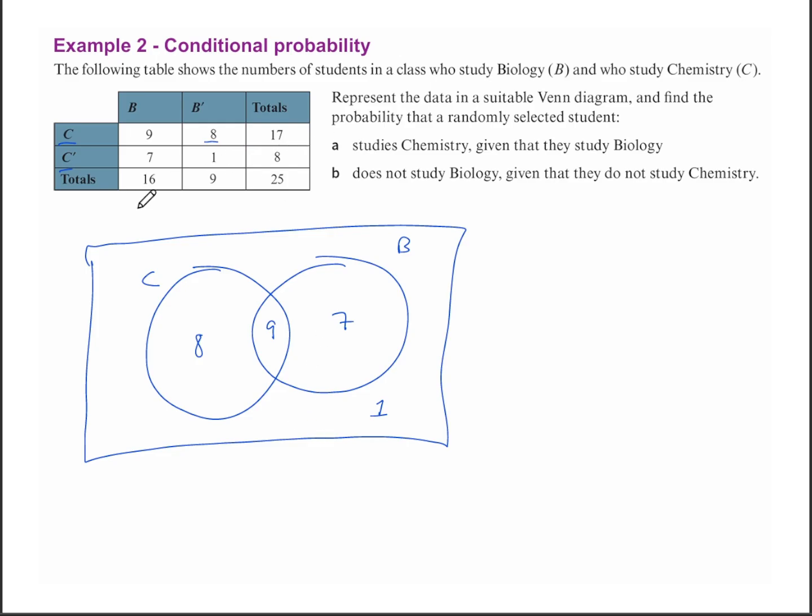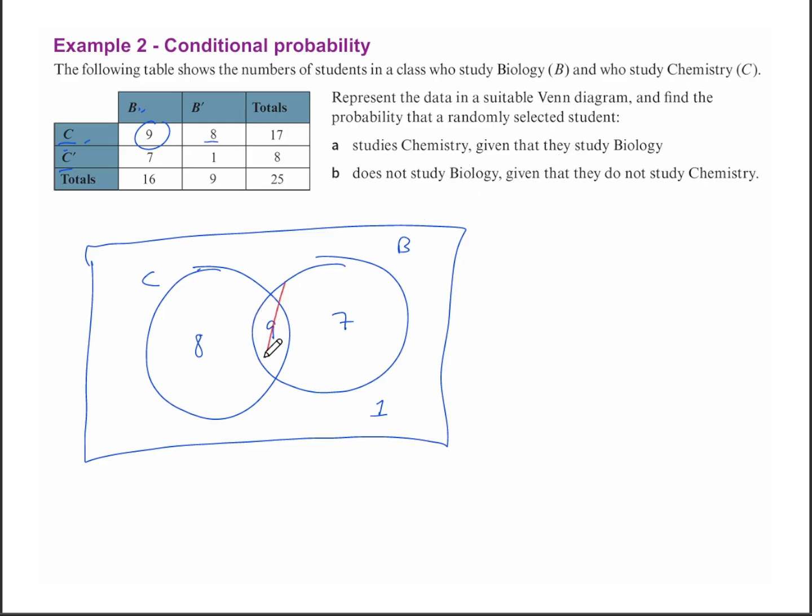How do I know it's intersection? Because in a table, you're assuming both of these happen to get this number, and both of them happening is just the intersection. Now we're told, find the probability that the randomly selected student studies chemistry. So studies chemistry is this entire circle, but we are given that they study biology.